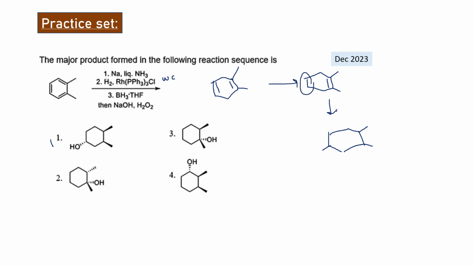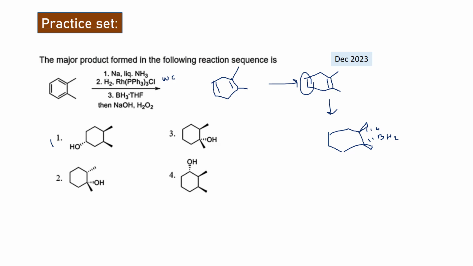After that, now there is a double bond here. Now if we are adding BH3, it will approach from the same plane. If it is going above the plane, BH3 will come from below the plane. BH2 and hydrogen will both come from the same plane.